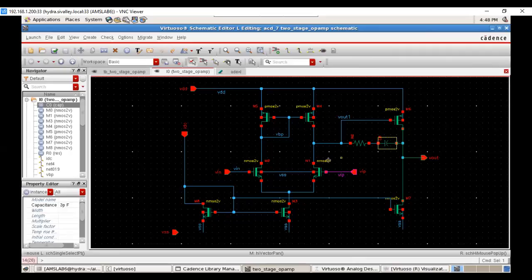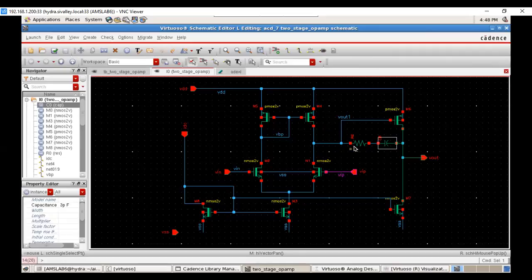We have put an equivalent resistance in series with the compensation capacitor CC to place a pole at the same frequency as the zero, which is creating a problem in the frequency response. So it will just cancel out the zero effect and give me the proper, smoother frequency response.